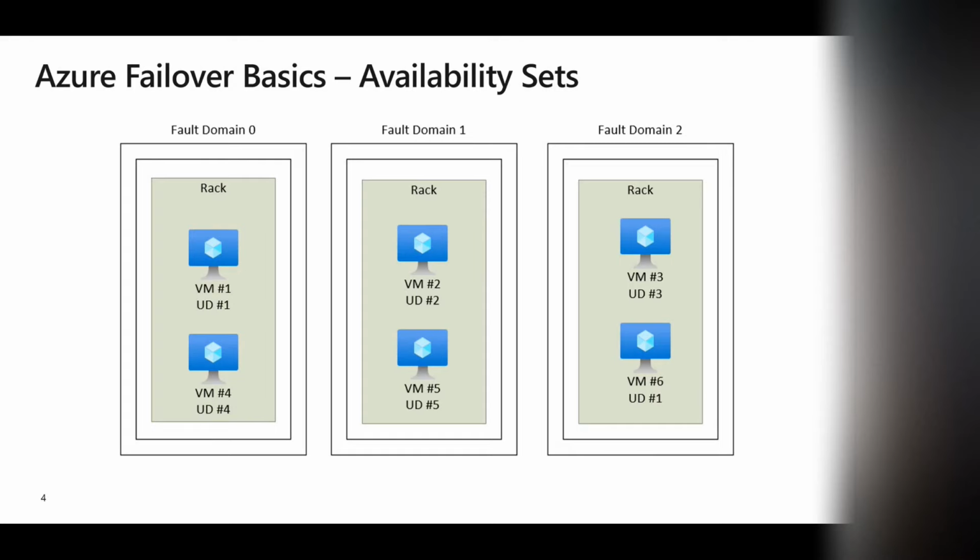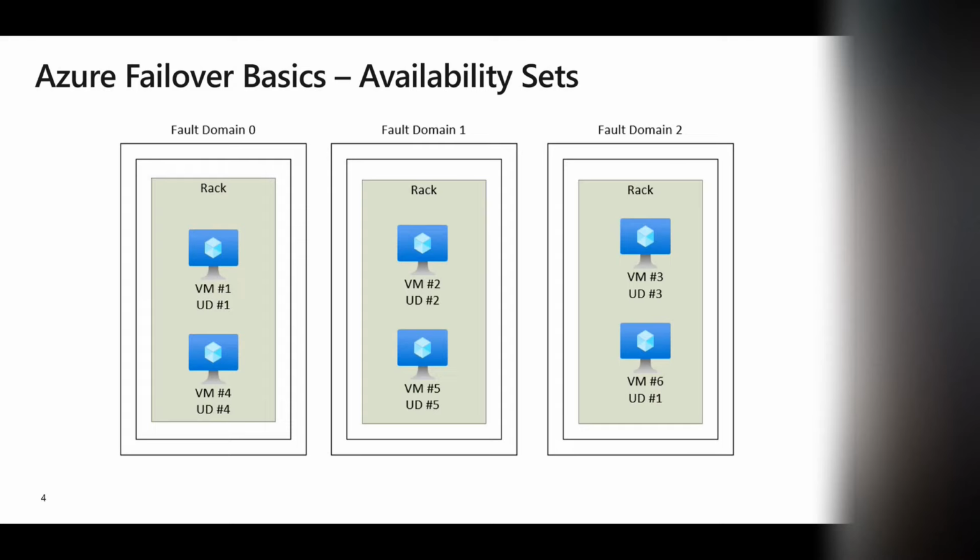They're basically out of commission. So that's your fault domain. Update domain: when we are applying updates to servers in a data center, we do it in waves. We select a set of servers, apply updates, and then move on to the next set. That is called your update domain.